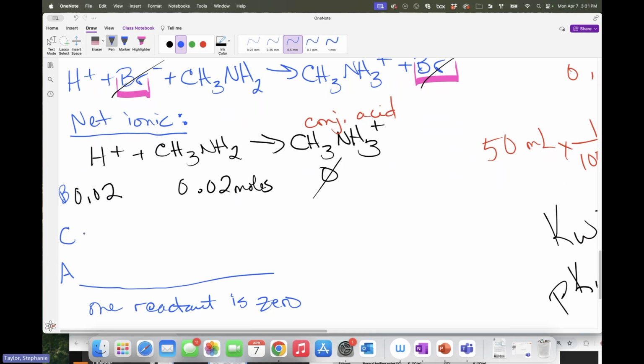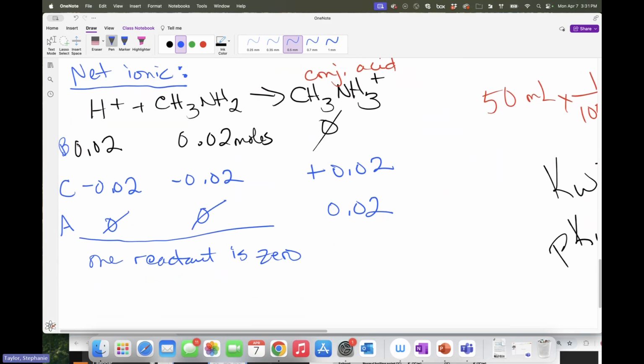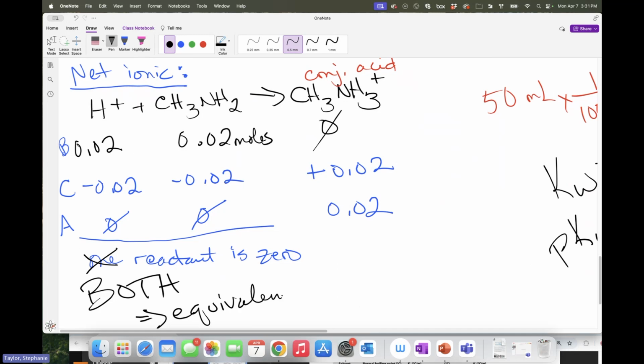It's the same. So that is actually how I know I have the equivalence point, is I have no reactants left over. I'm going to go ahead and add to my conjugate species.